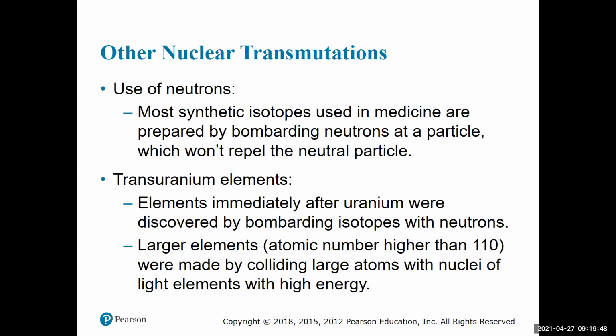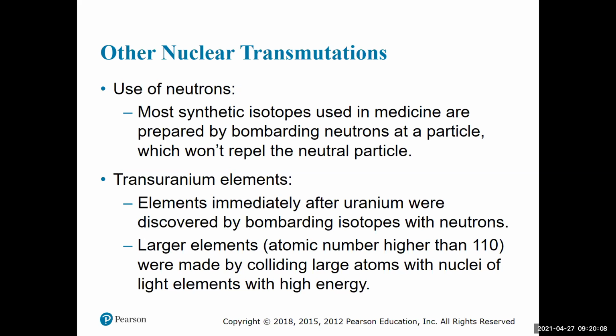There are the transuranium elements. Transuranium means the elements right after uranium. Those elements were all discovered by bombarding isotopes with neutrons. That's the thing about some of those elements in that area of the periodic table: you don't find those in nature.